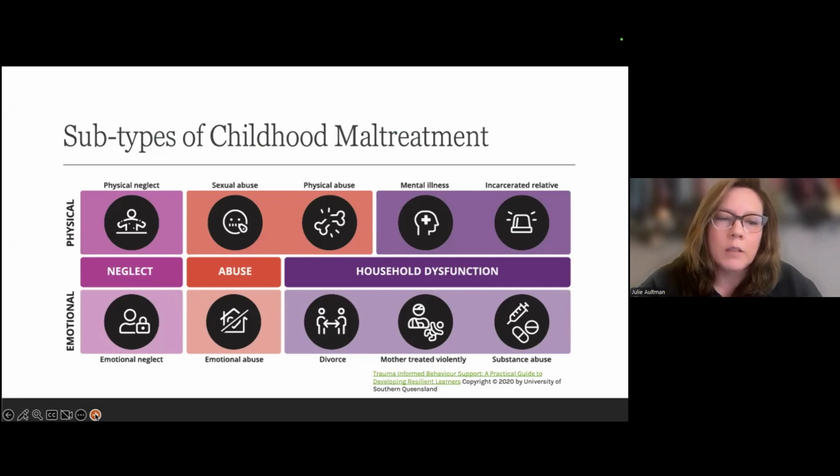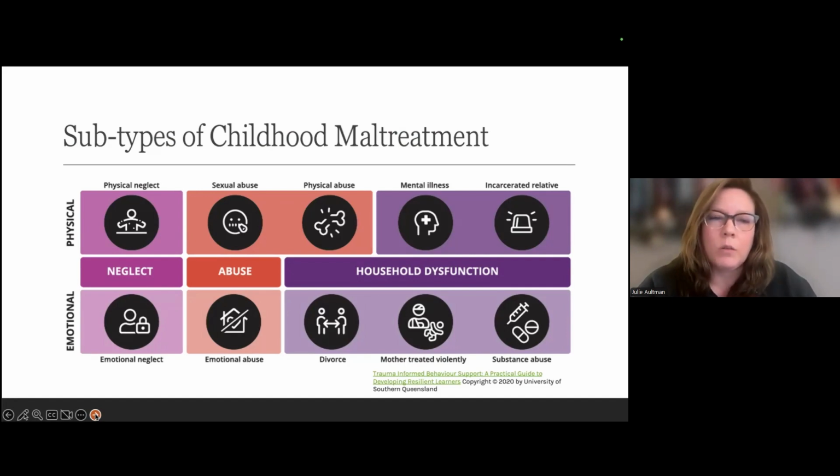And so the practice-based literature that we are alluding to hones in on more than just child abuse slash child neglect, which you often see.